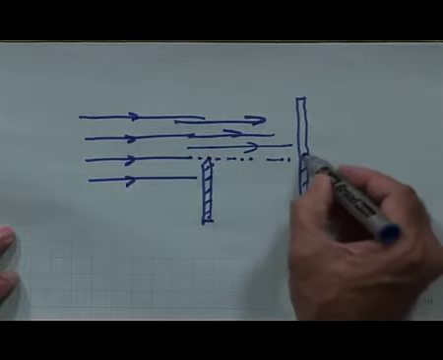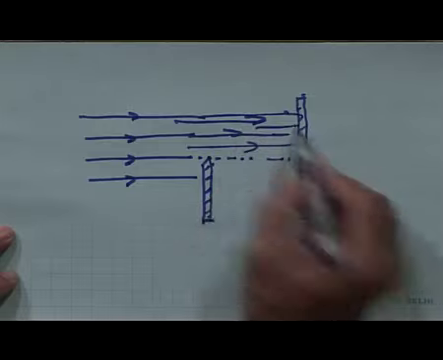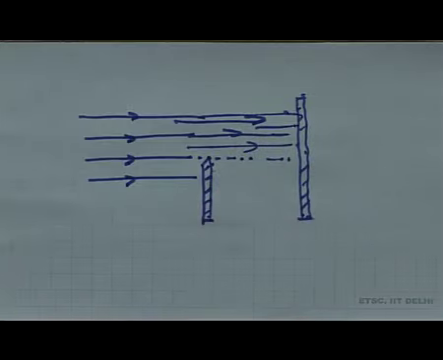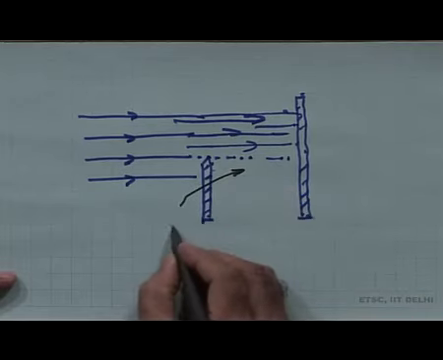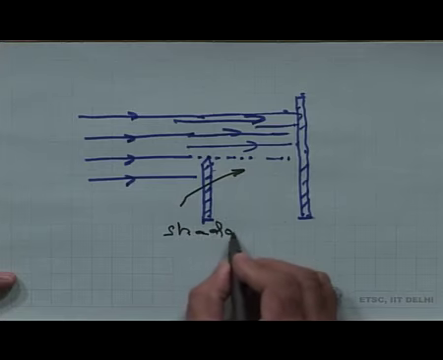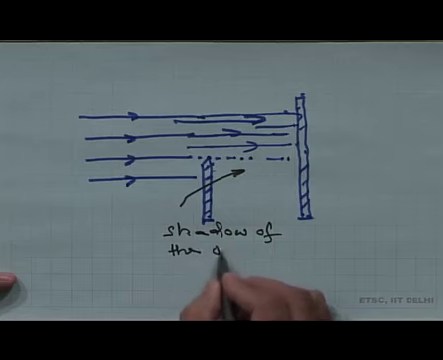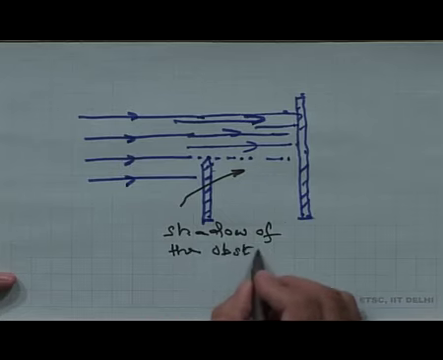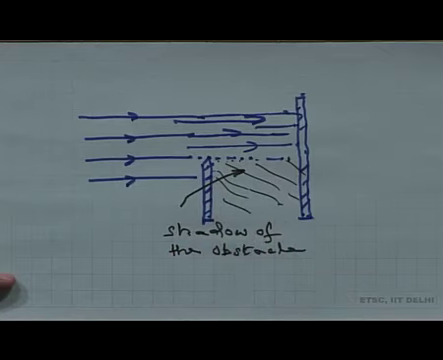If this is the screen on which light is incident, then we would expect a shadow. This region, below here, is called the shadow of the obstacle, where the obstacle is this wedge.